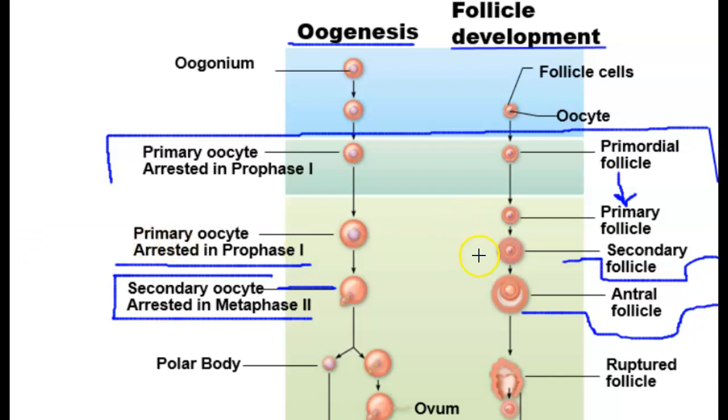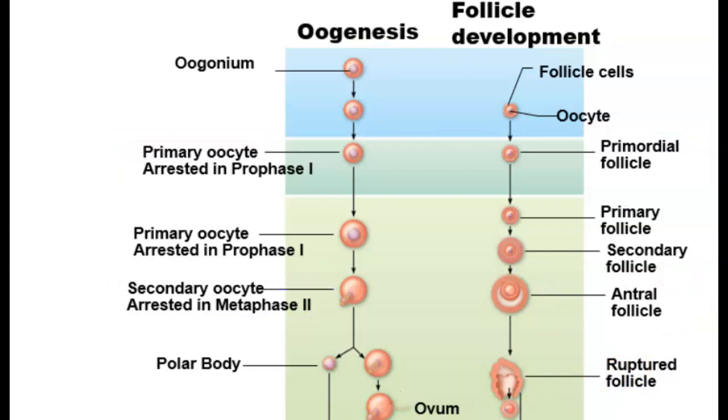So it's this secondary oocyte that's present in the antral follicle. Eventually the ruptured follicle releases a secondary oocyte, and if a sperm comes in, then we'll finally get a true ovum and eventually a zygote because of fertilization or union of the nuclei. Once the follicle ruptures, all the rest of the cells form this corpus luteum.